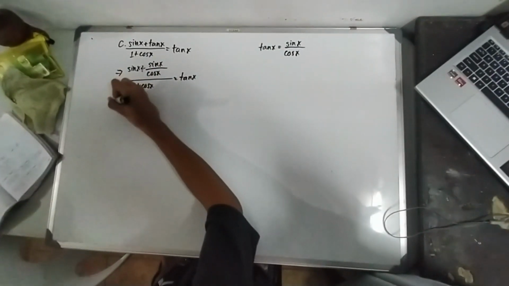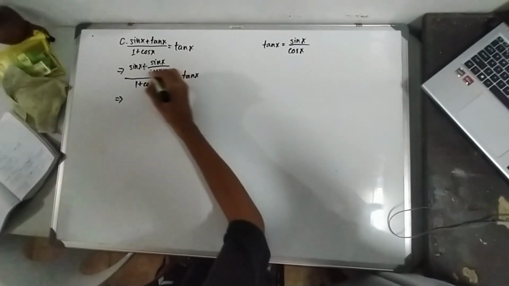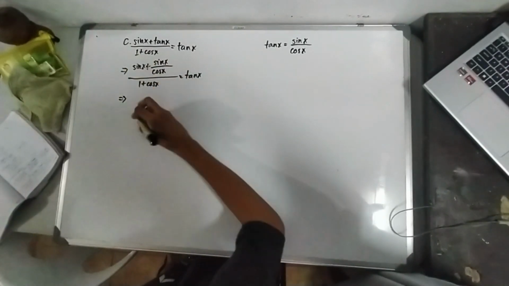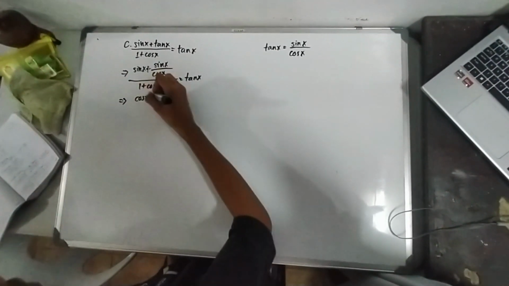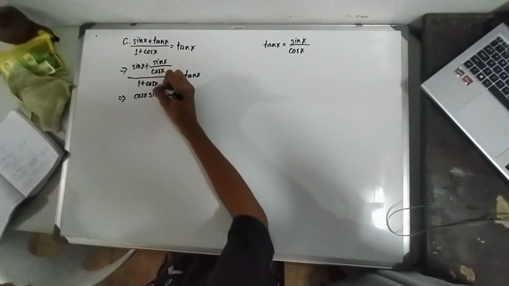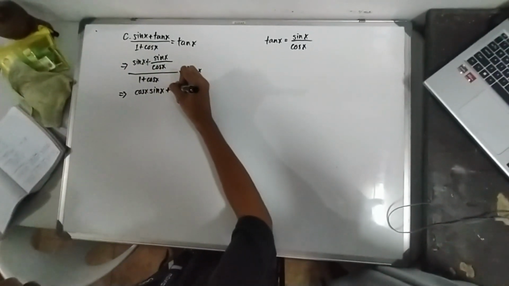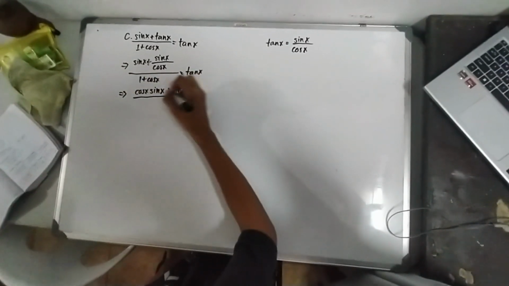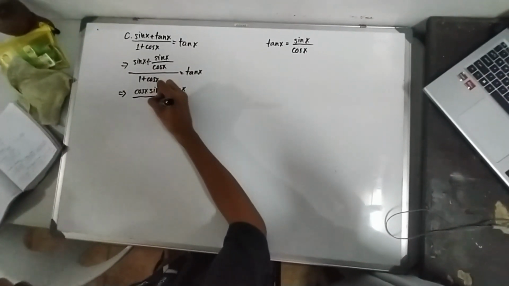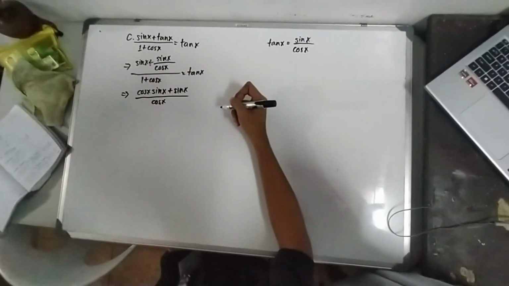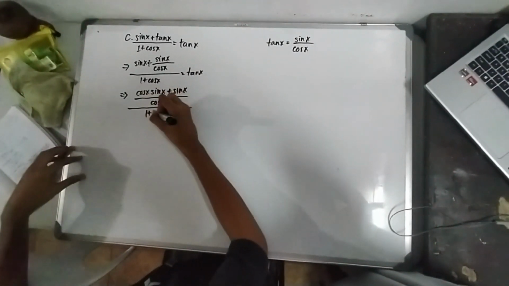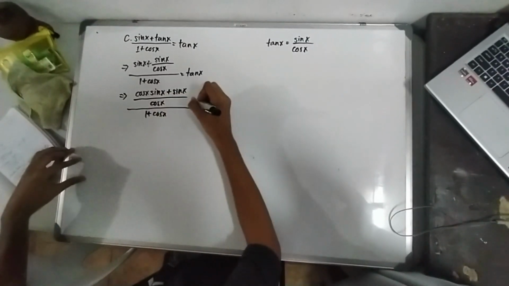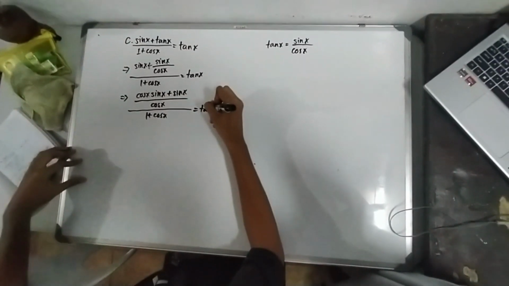Simplify the numerator further using the butterfly method: cos x times sine x plus sine x over cos x, all over 1 plus cos x, is equal to tan x.